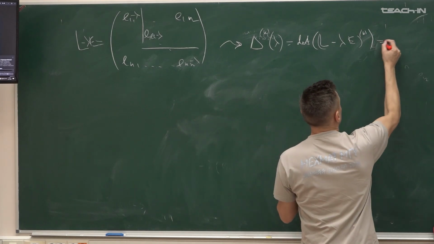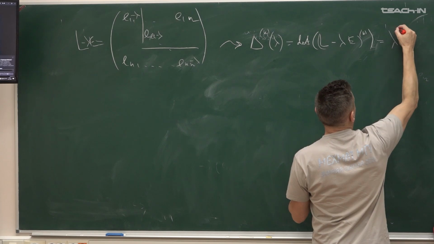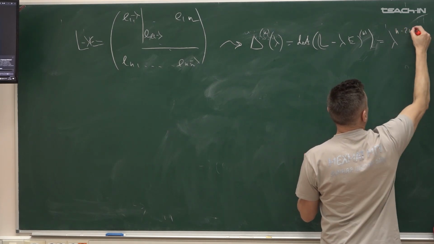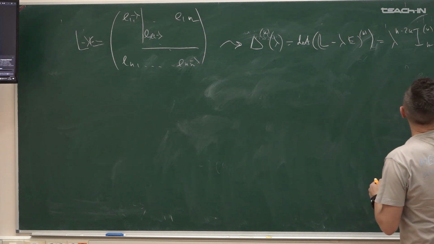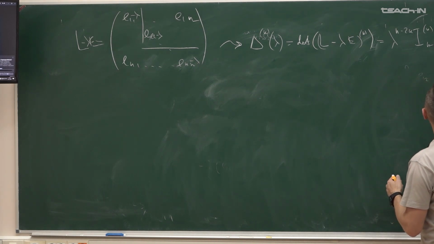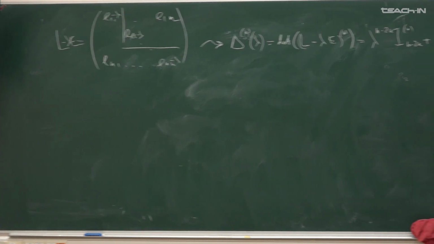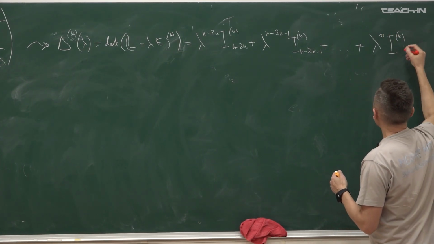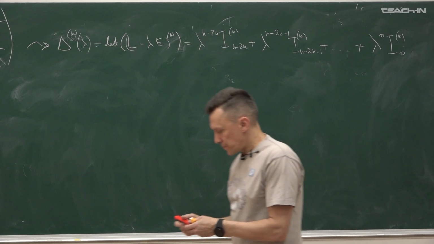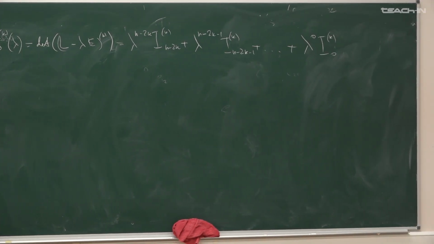And then we expand it in powers of lambda: E_K^{n-2k} lambda^{n-2k}, E_K^{n-2k-1} lambda^{n-2k-1}, down to lambda^0.